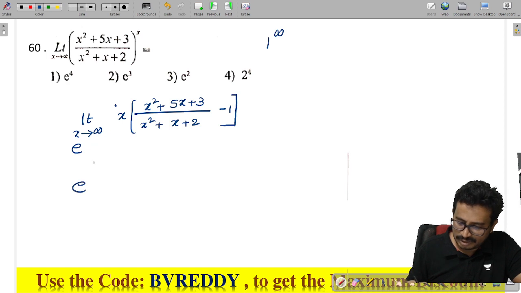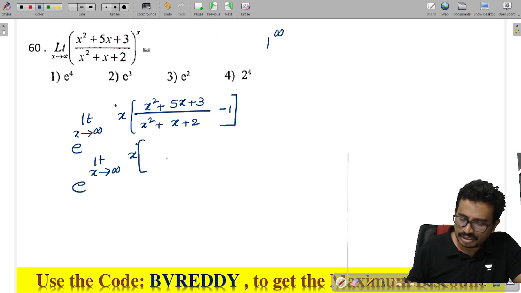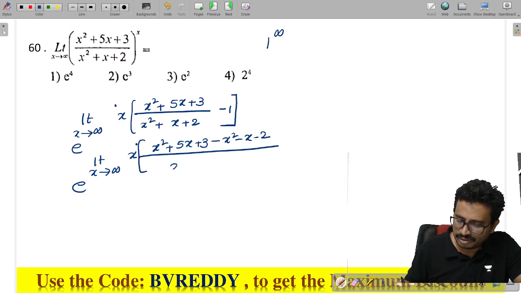Now this is limit x tends to infinity, x into, what we can say, tell me, x square plus 5x plus 3 minus x square minus x minus 2 by x square plus x plus 2.